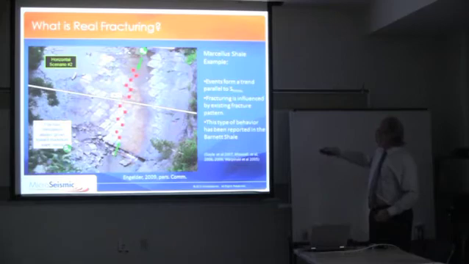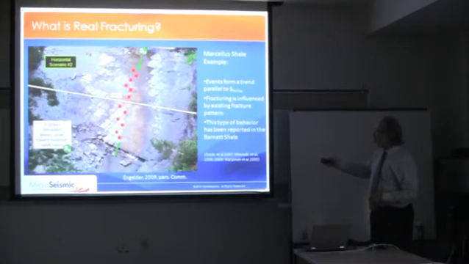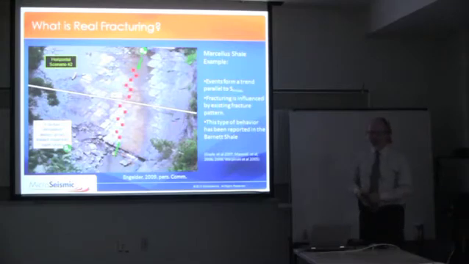All right, so we have this J1 and J2 set that all of you here are very familiar with. And the cartoon here represents a horizontal well drilled perpendicular to the direction of maximum horizontal stress, as you would.